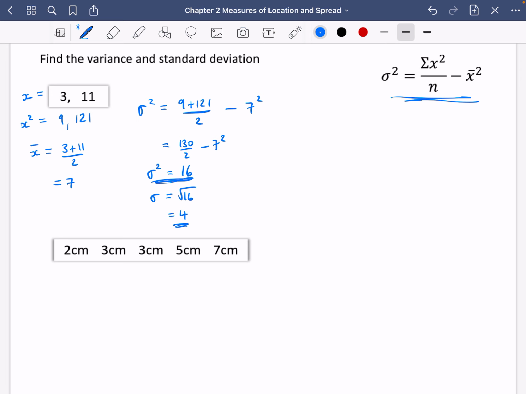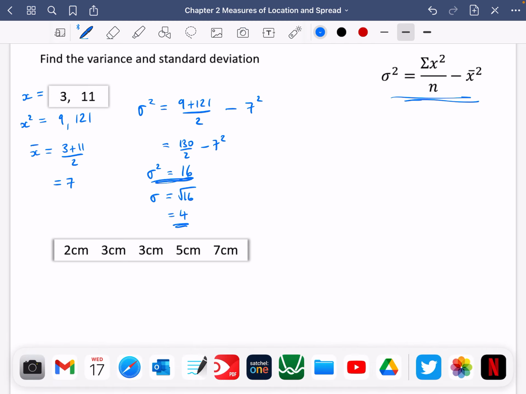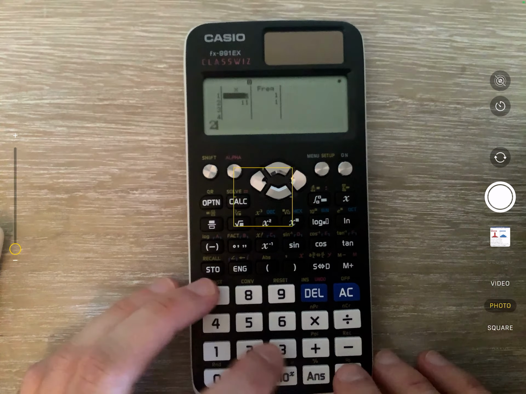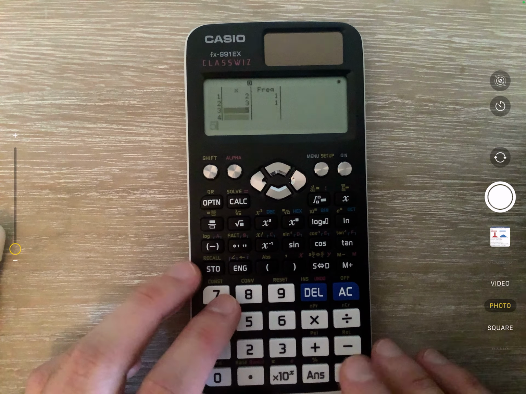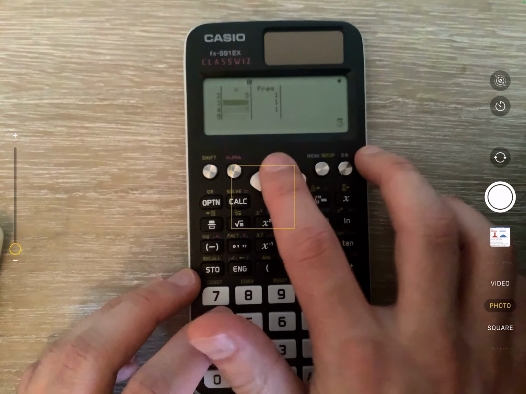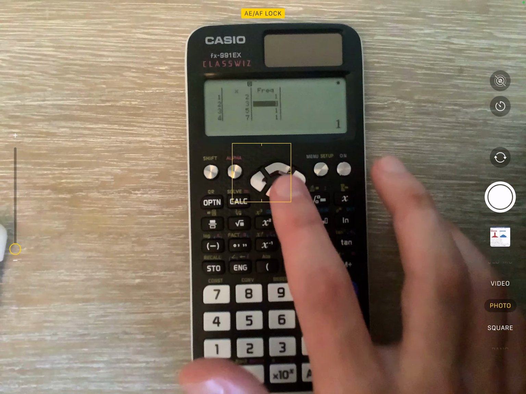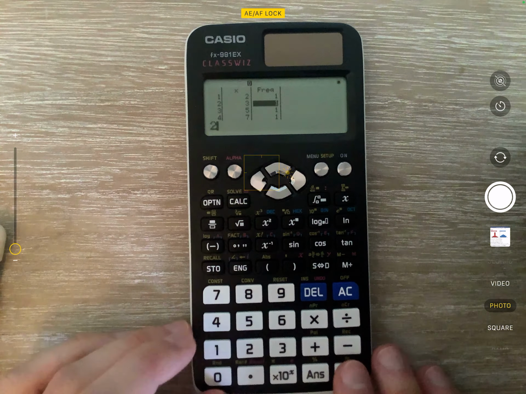Okay, the next question, I'm going to do it with the calculator first, and then we'll do it manually. In fact, I think this one we will put them straight into the calculator. So we've got 2, 3, 3, 5, and 7. So I'm going to go back to my calculator, 2, 3, 5, and 7. And there were 2 of the 3s. So I'm going to actually just change the frequency for this one to 2.